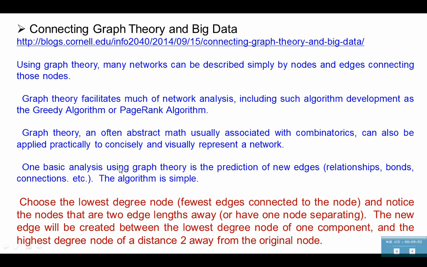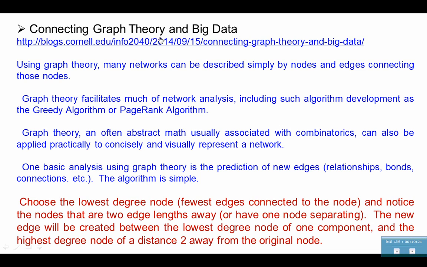One basic analysis using graph theory is the prediction of new edges, relationships, bonds, connections, etc. The algorithm is quite simple. Choose the lowest degree nodes and notice the nodes that are 2 edge lengths away. Then the new edge will be created between the lowest degree nodes of one component and the highest degree nodes at a distance 2 away from the original node.